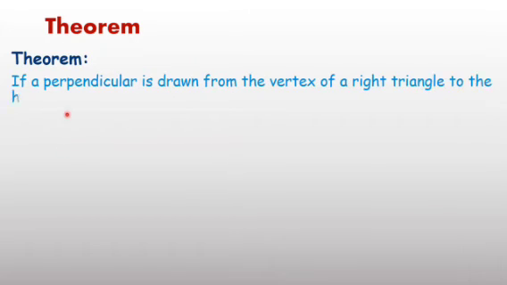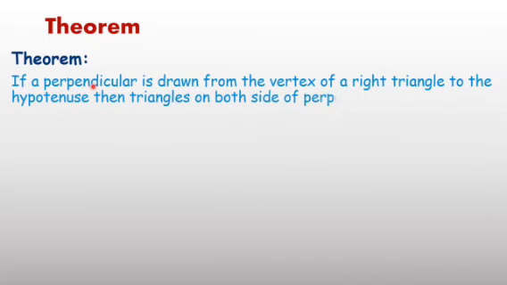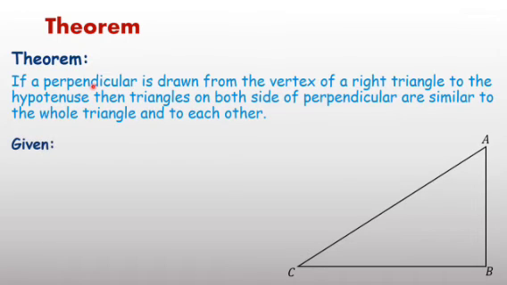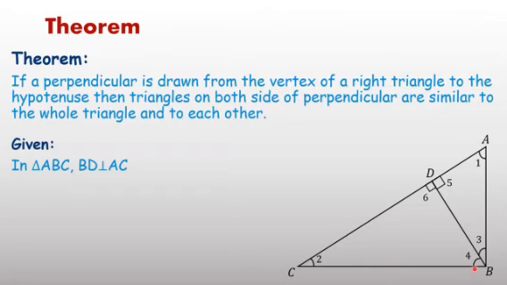The theorem is: if a perpendicular is drawn from the vertex of a right triangle to the hypotenuse, then the triangles on both sides of the perpendicular are similar to the whole triangle and to each other. Means, triangle ABC is given here. In triangle ABC, angle B is 90 degrees.